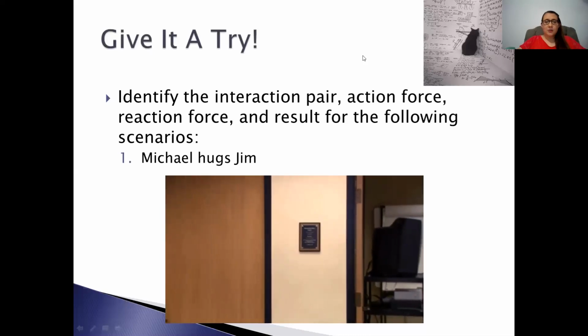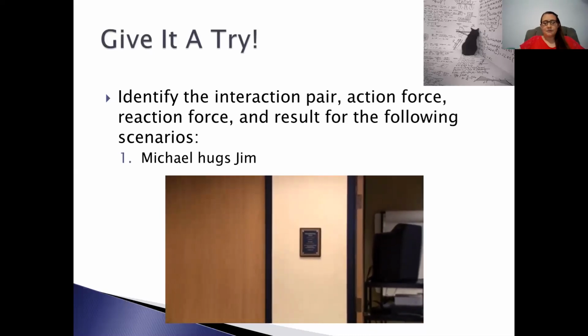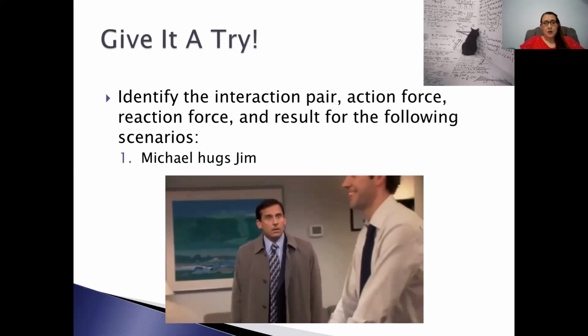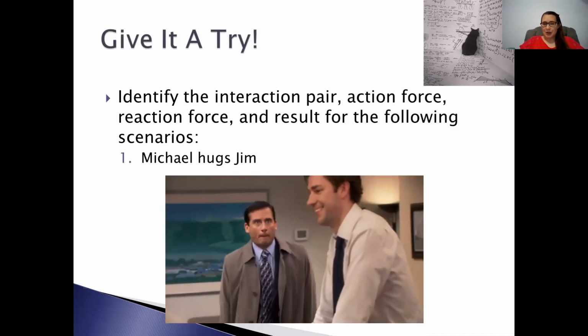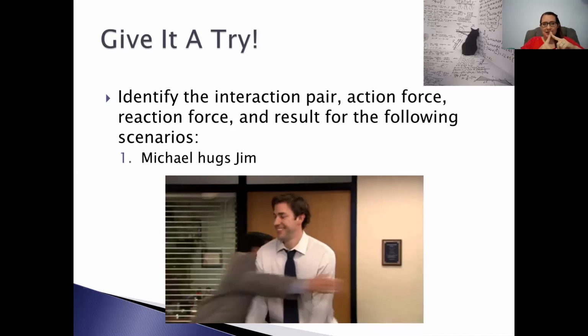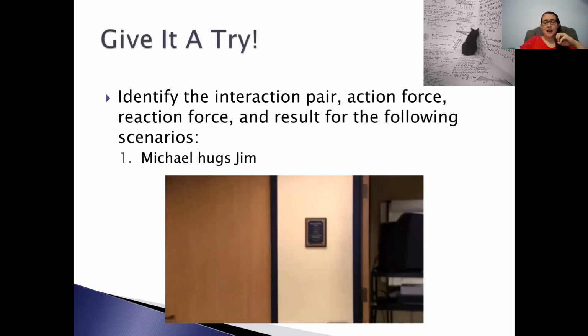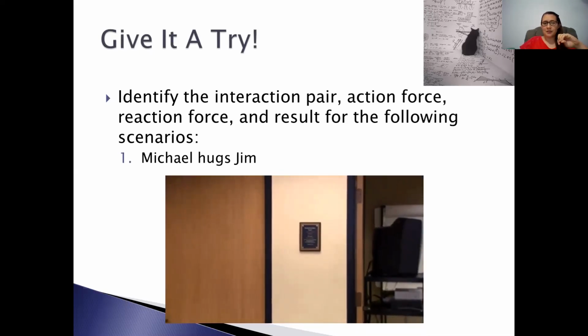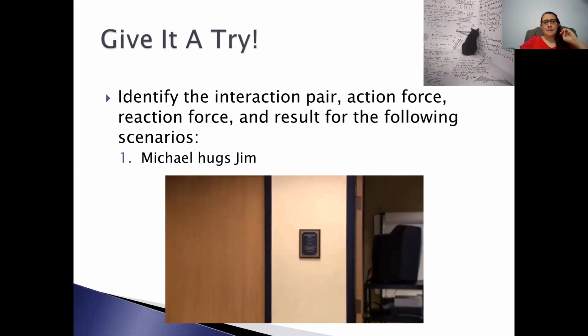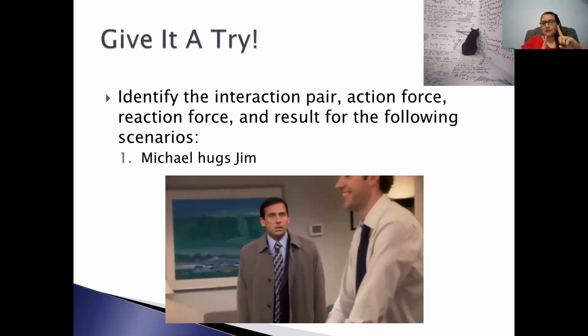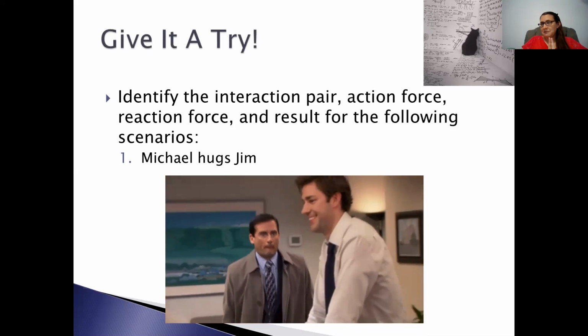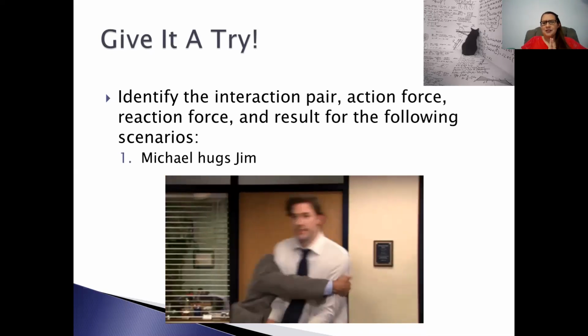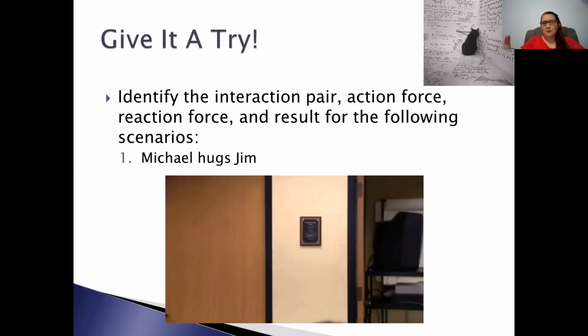All right, so let's talk through this example together then. The interaction pair would be Michael and Jim, right? Those are the two objects that are interacting here. The action force might be Michael hits Jim. This video is kind of slowed down, but it's a rather forceful hug.